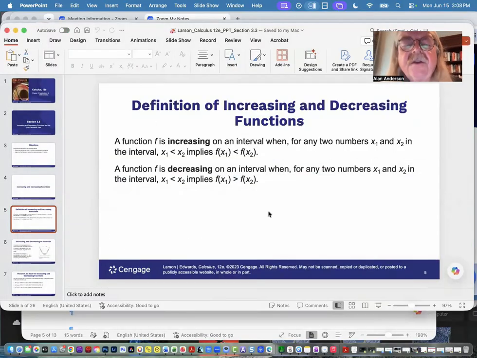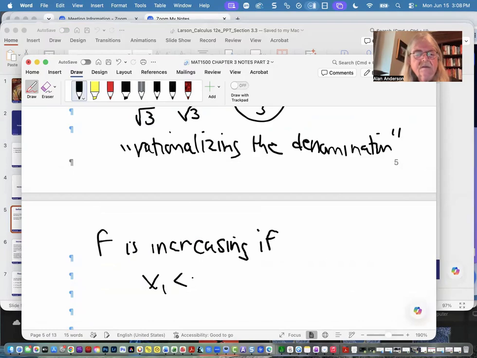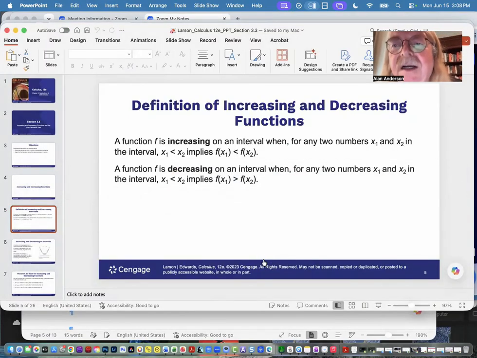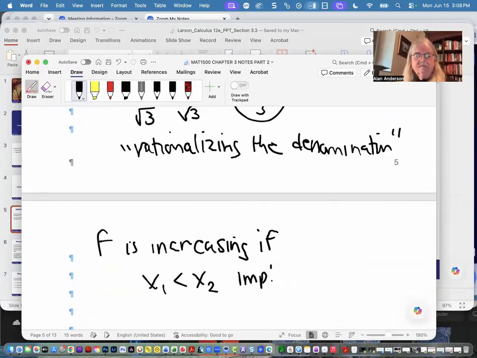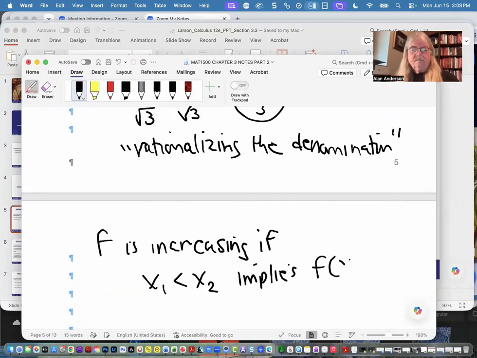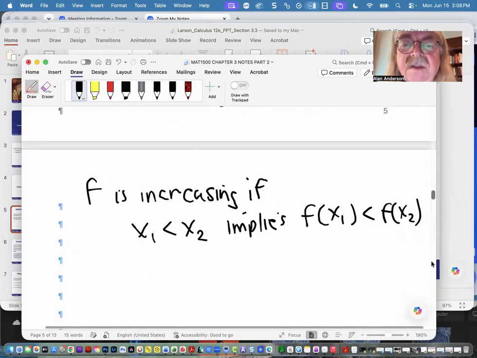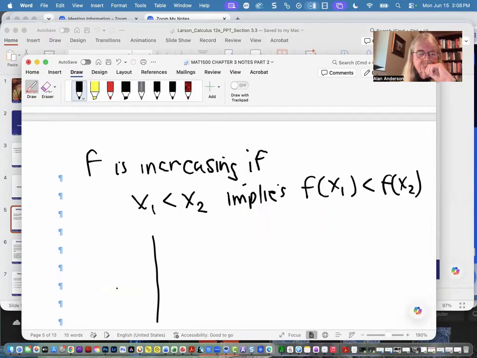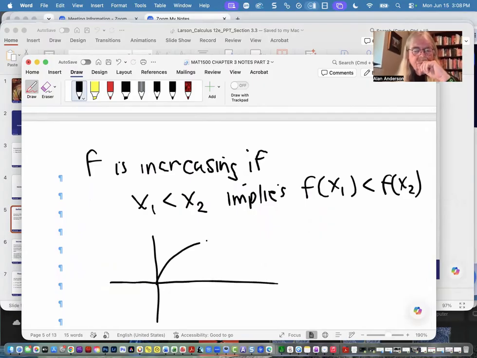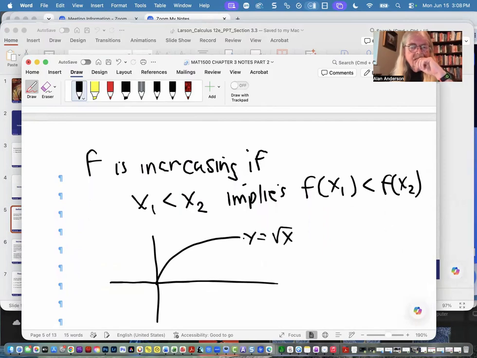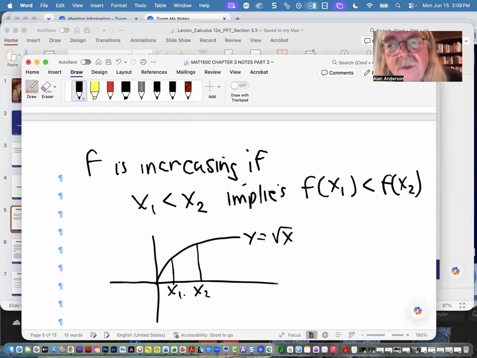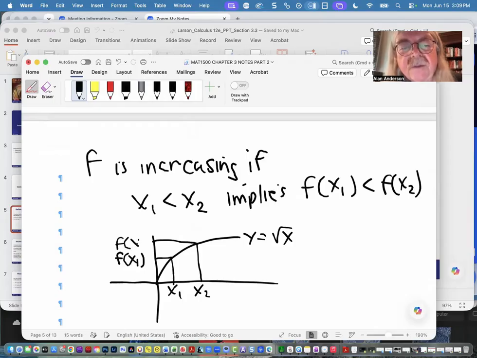So what is this telling us? For any two numbers, x1, x2, implies, okay, so in other words, if you have something like this going on, whatever x I pick, let's say I pick this as my x1 and my x2, because x1 is a smaller number, that guarantees, and it doesn't matter which ones I pick, that f of x2 is larger, or f of x1 is smaller.